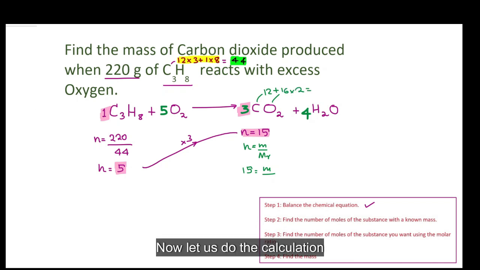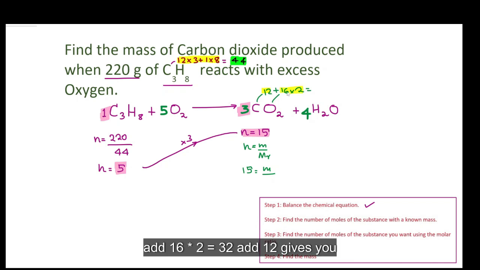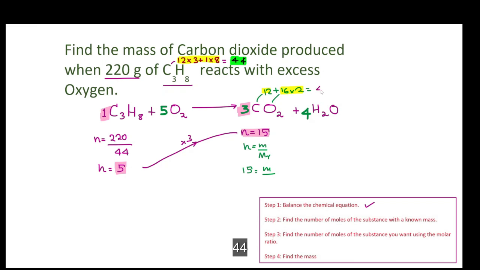Now let's do the calculation. 12 add 16 times 2. 32 add 12 gives you 44. So we can substitute 44 here, cross multiplication. So the mass here is 15 times 44. 660 grams is the final answer.